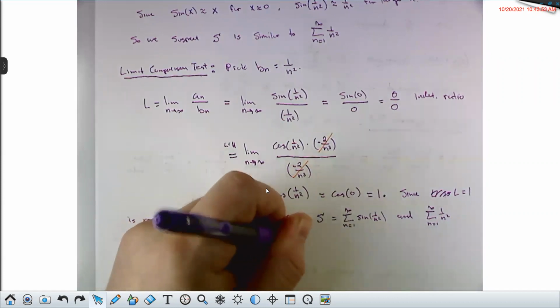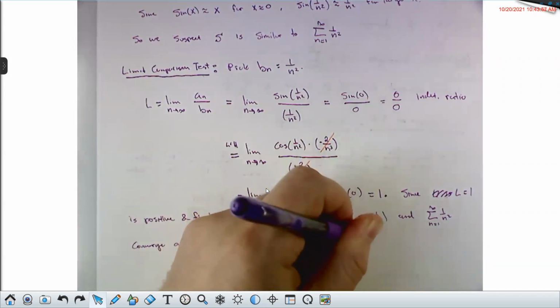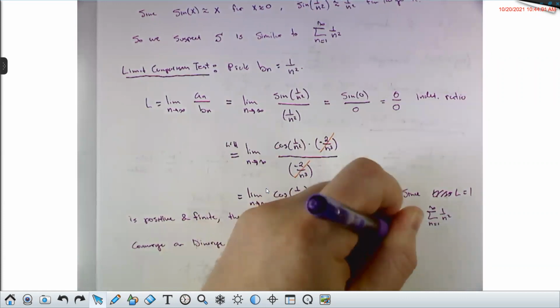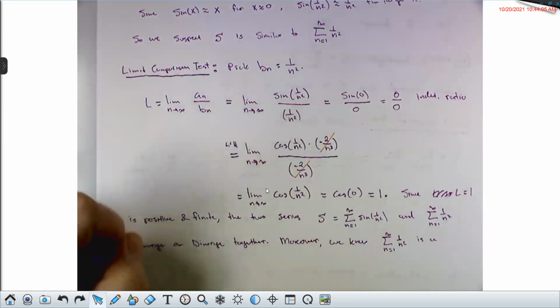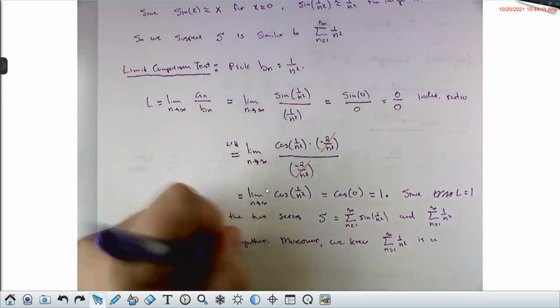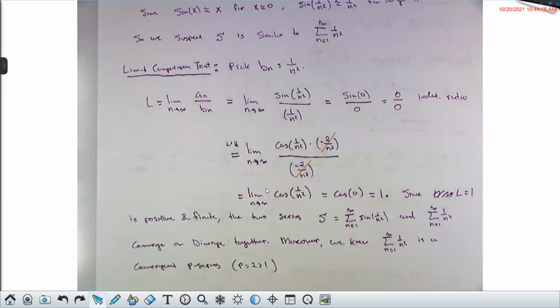Moreover, we know that sigma n from 1 to infinity 1 over n squared is a convergent P series. Here, P is equal to 2, which is bigger than 1. So it converges.